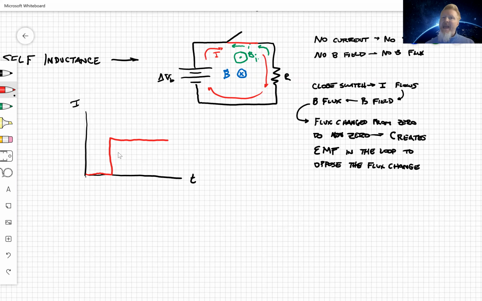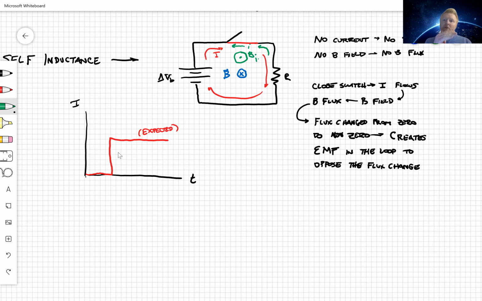But what actually happens? What actually happens is there's a push opposing the current. It stops. It says, nope.